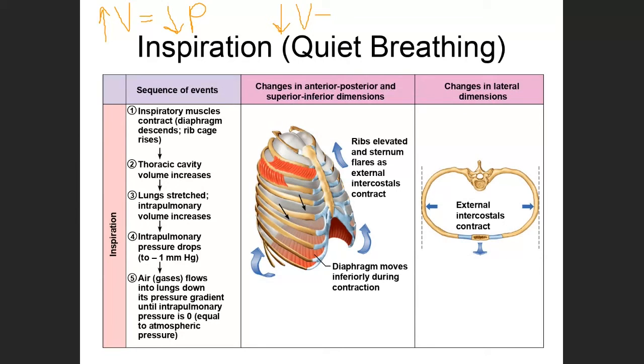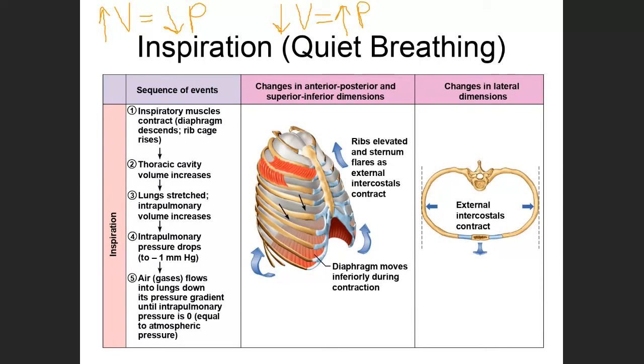If you think about the lungs, they're basically a container that's full of air, and they follow this relationship. If you increase the volume of the lungs, the pressure inside of them is going to drop. If you decrease the volume of the lungs, the pressure within them actually increases. So all we have to do to create a positive intrapulmonary pressure so that you can exhale is decrease the volume of the lungs so that we increase the pressure within the lungs.